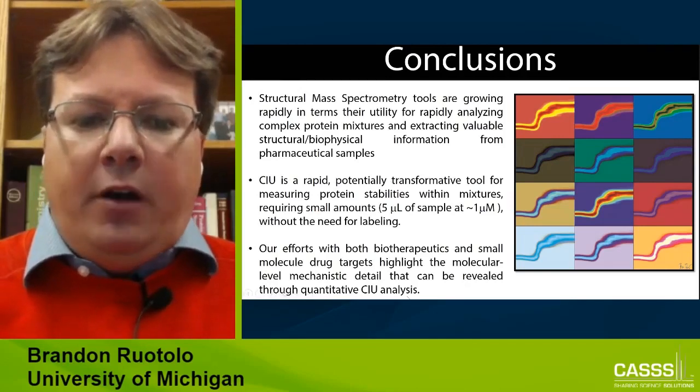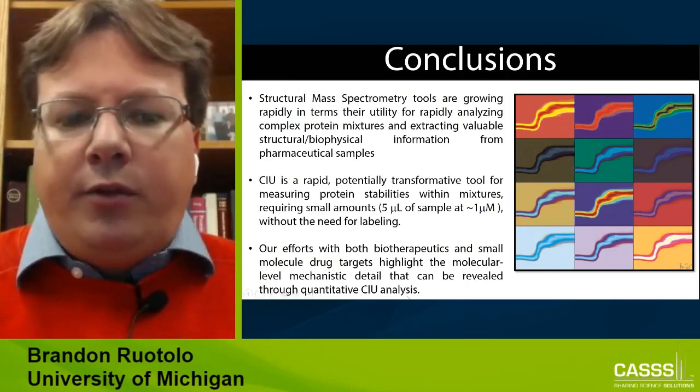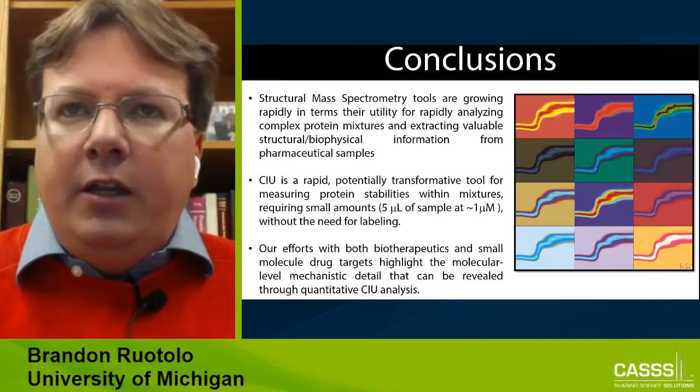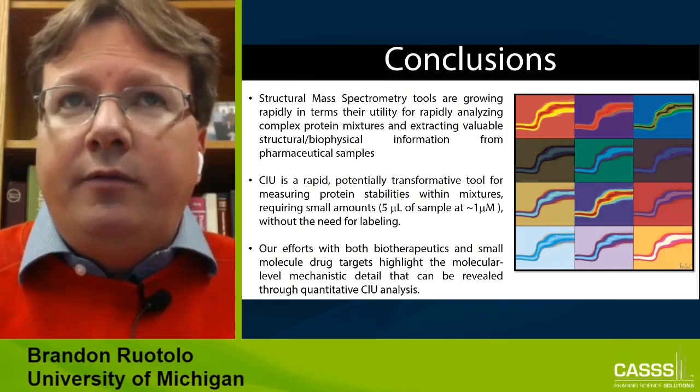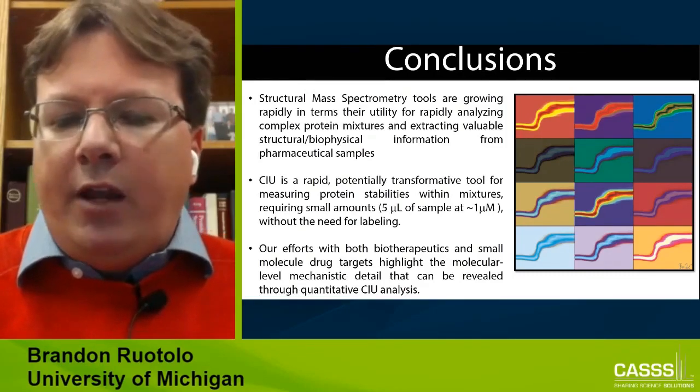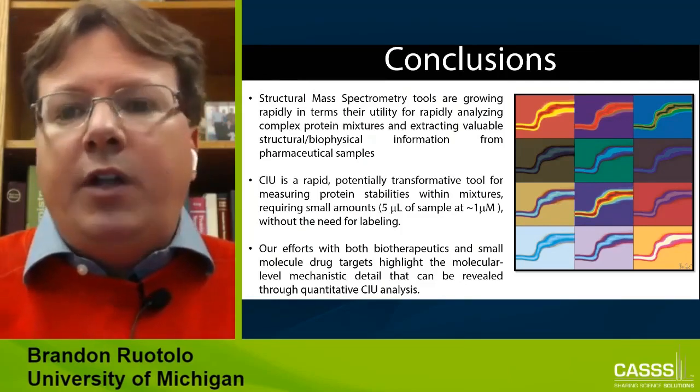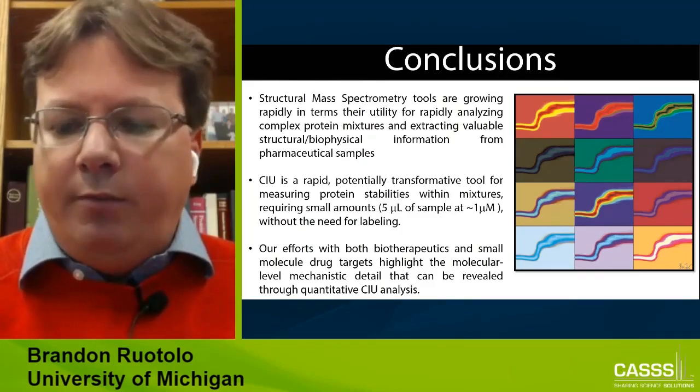And our data here for biotherapeutics and small molecule drugs really highlight, I feel, the level of information richness we can achieve with this type of analysis and the potential of generating the data very, very quickly in a screening type mode.